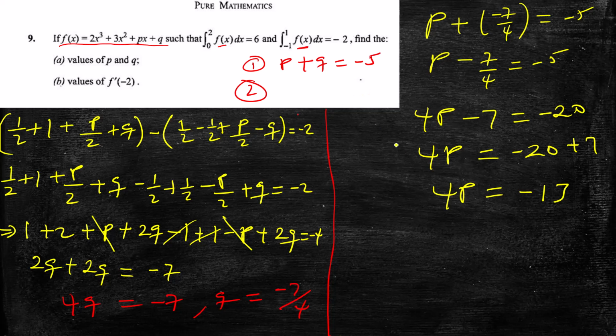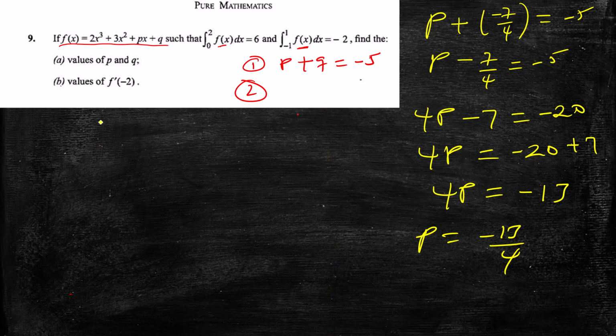So my p here is -13 over 4. So p is -13 over 4 and q is -7 over 4.